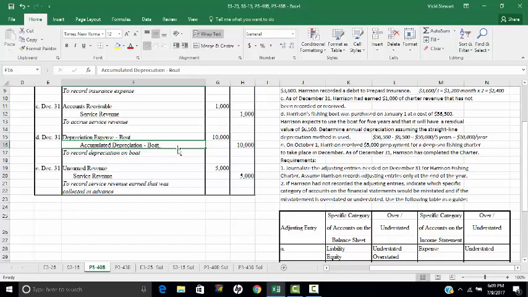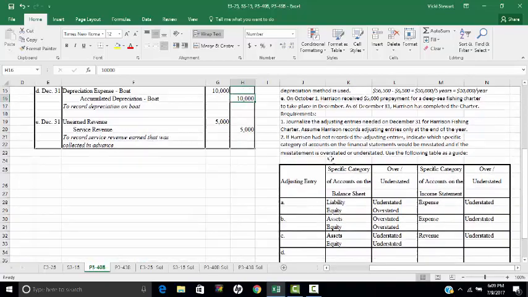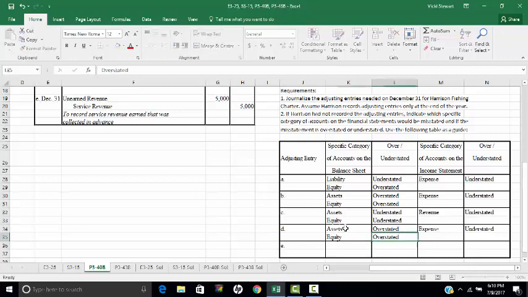So that means that if we did not record that, then our assets are actually going to be overstated because this would have reduced our assets. So this one's a little tricky. But assets would have been overstated. Expenses, again, understated, no depreciation expense. And equity, if we don't record an expense, is going to be overstated.